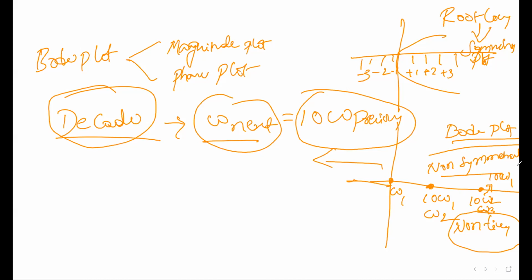It's a main important key point. Root locus is drawn on the normal scale, I mean linear scale, but the Bode plot depends on non-linear scale. Here we have used the term decade, nothing but the next frequency equal to 10 times the previous frequency.